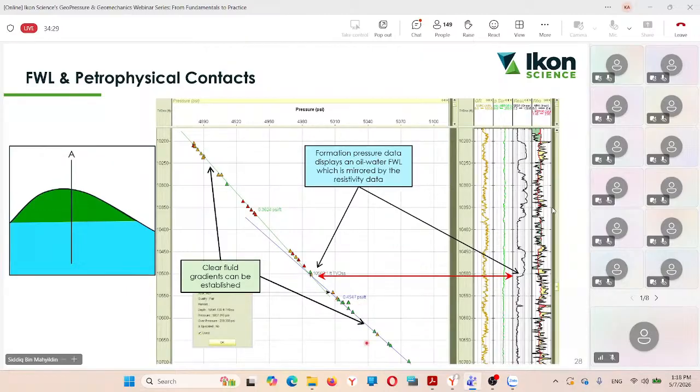And when you draw the line, the intersection is basically where you have the free water level for the oil and water contact. So it could give us some ideas on where we have the free water level. And you can compare with your log data, for example, resistivity data, which will indicate, okay, this is where I have the transition between oil and water, and you can confirm that transition.